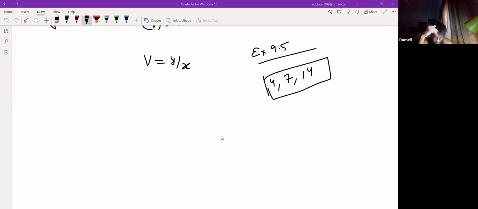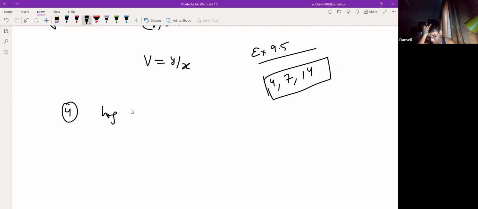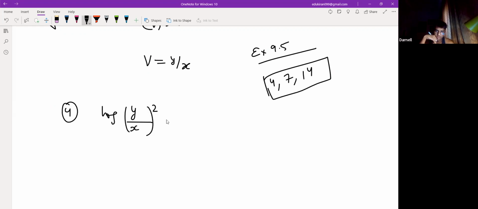For the fourth one, I got log mod of (y by x) whole square plus 1, mod, plus log mod x is equal to c. One second. Can you tell me again? Log mod of (y by x) whole square plus 1. Plus log mod x plus c.